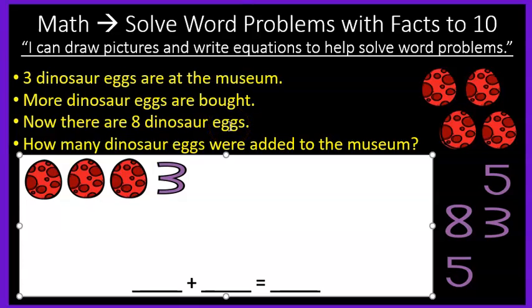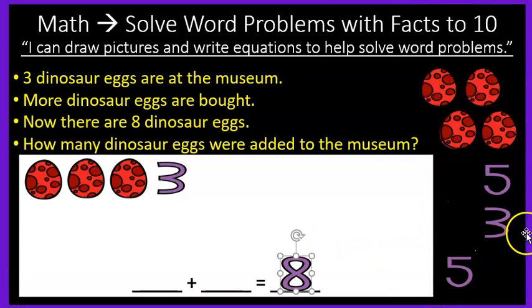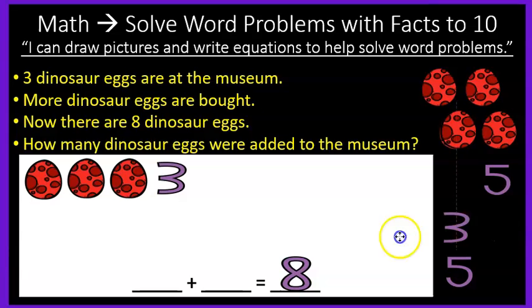How many dinosaur eggs are there now? 8. And boys and girls, we're going to get 8. We're going to put that here because that's the total, okay? That's the total amount of eggs altogether. 3 is right here. So now we're going to get 3 and we're going to put 3 here, okay?